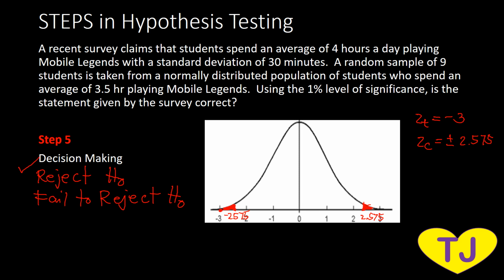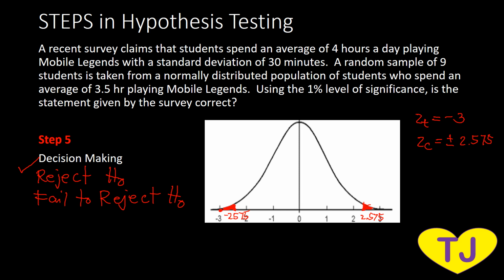So we can make our conclusion that since we rejected our null hypothesis, based on the sample selected there, the statement given by the survey, that the average time spent by a student on playing Mobile Legends is 4 hours, is incorrect. So that is how we are going to do our hypothesis testing.